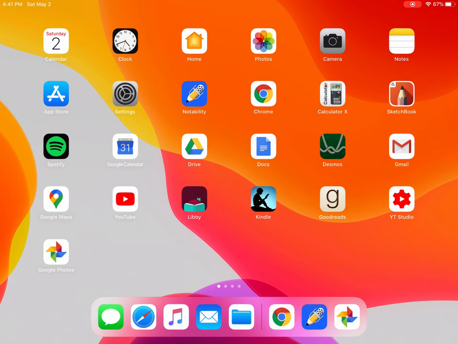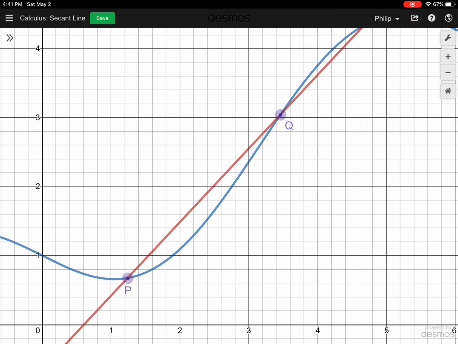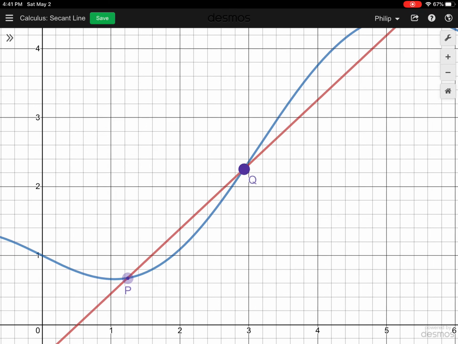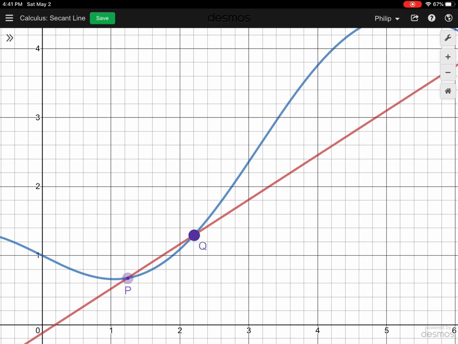And just to highlight that, let's demonstrate it this way. So what happens as q gets closer and closer to p? In other words, as h, which is the horizontal distance between p and q, gets closer and closer to 0, q is getting closer and closer to p.